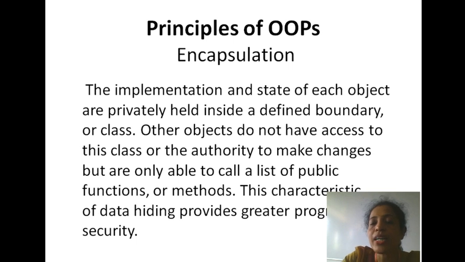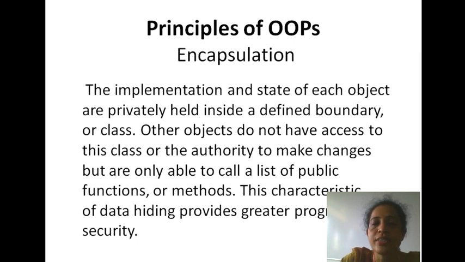That's why we have to privately define the properties of the car, and separately, in another program or structure, we can define the properties of the book, but both are not related to each other. So when we have to define the properties of one entity privately, we use this principle of object-oriented programming, which is called encapsulation.